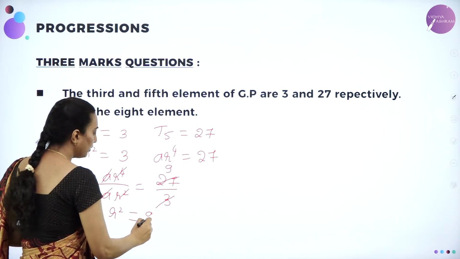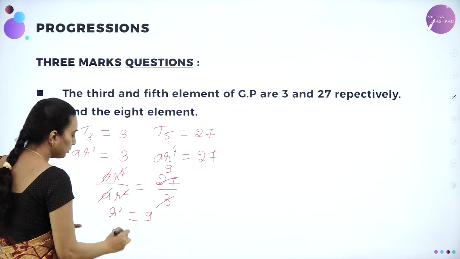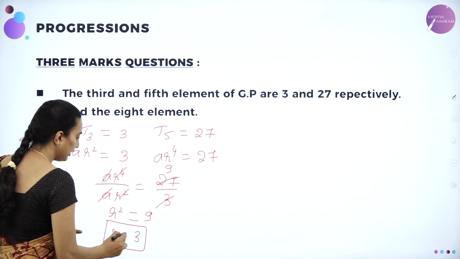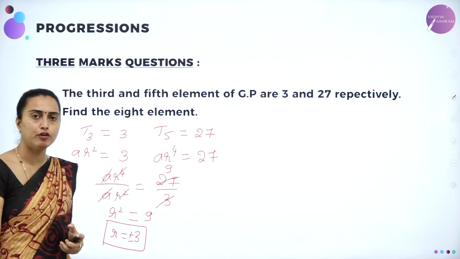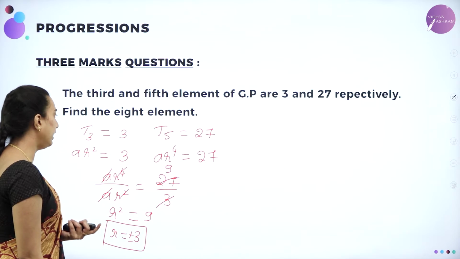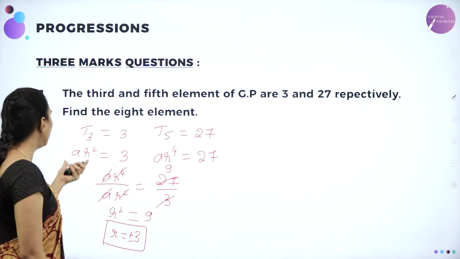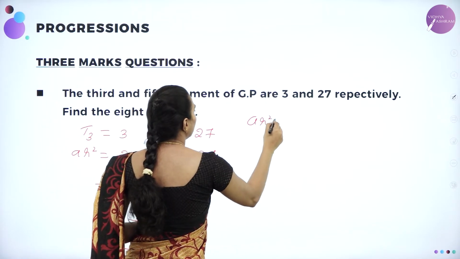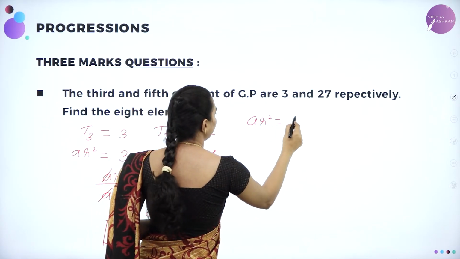So R squared is equal to 9, which means R is equal to the square root of 9, which is plus or minus 3. Either you can go for plus 3 or minus 3. Here I am going for plus 3 and finding the A value. Taking the third term, AR squared is equal to 3.